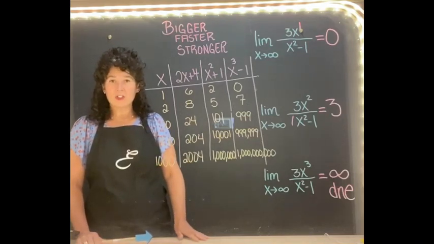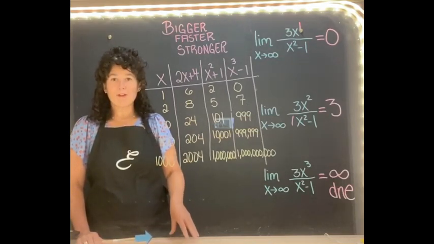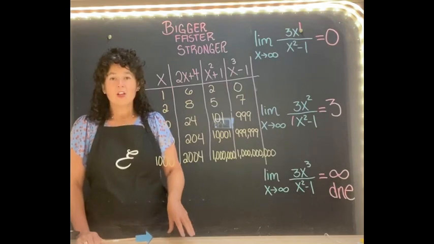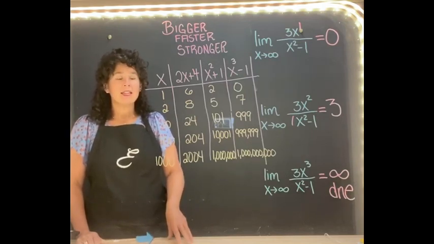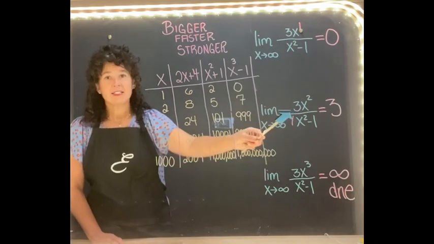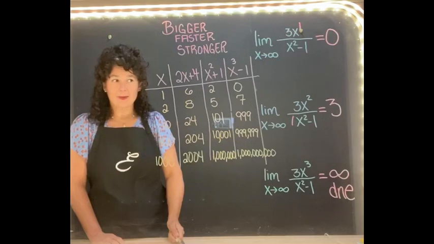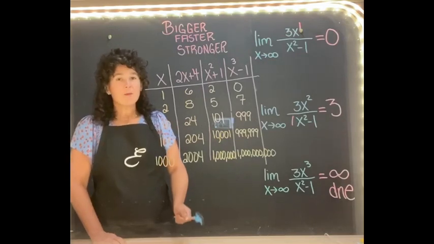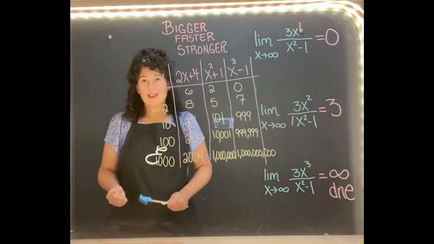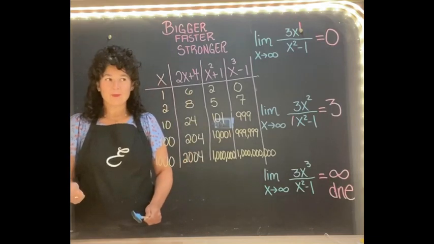Our overall answer, if the denominator is growing faster than the numerator, is going to go to 0. Now, in this case, the numerator and denominator are both quadratic, and that means that their strength is very similar.